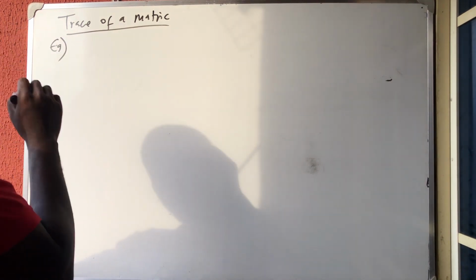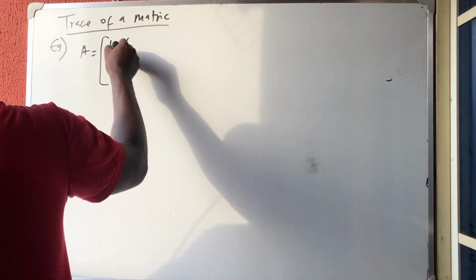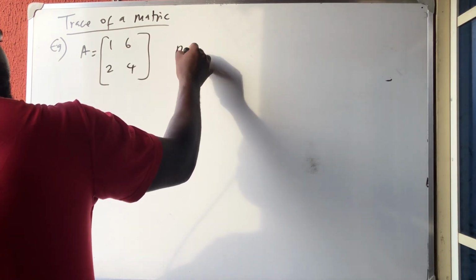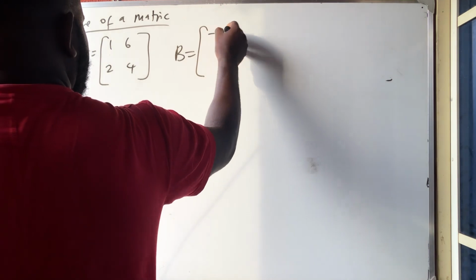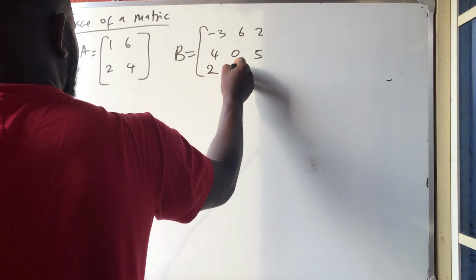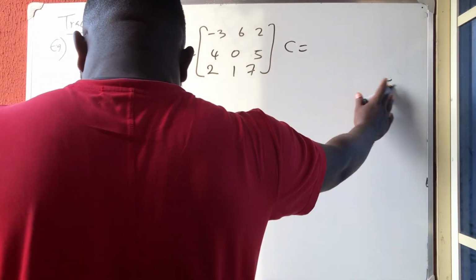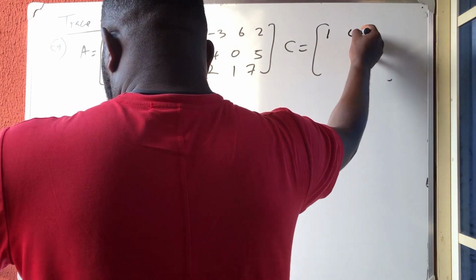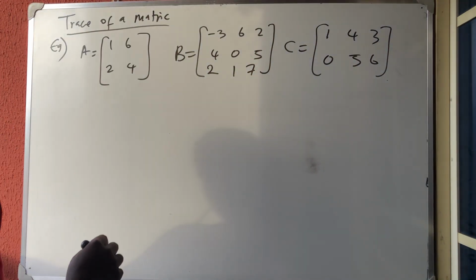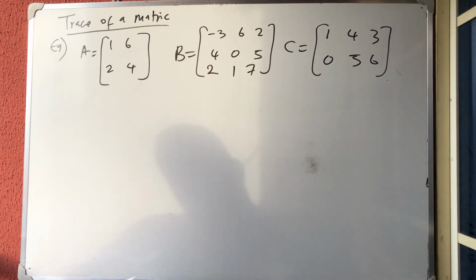Example. Okay, if you have A is equal to matrix 1, 6, 2, 4, for instance, B is equal to matrix minus 3, 6, 2, 4, 0, 5, 2, 1, 7. Matrix C is equal to 1, 4, 3, 0, 5, 6. So we have to find the trace of this.